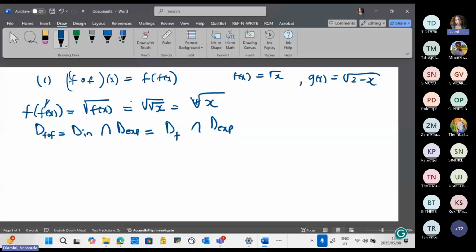So we need to find the domain of the inner function. We know that the domain of the inner function is x, an element of the real numbers, such that x is greater than or equal to 0, meaning from 0 to infinity. Yes. So now, what is the domain of the expression?